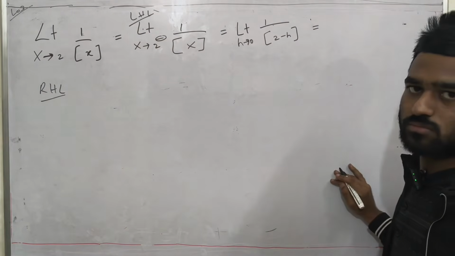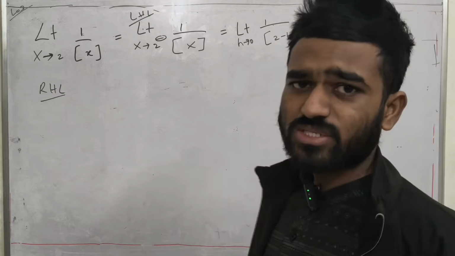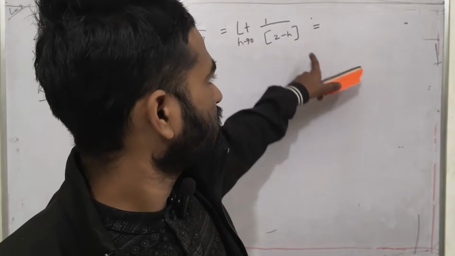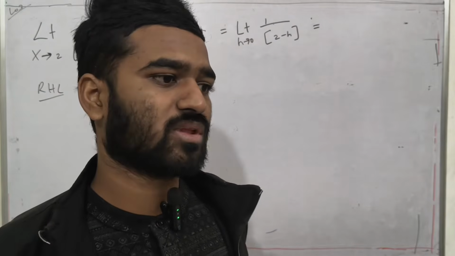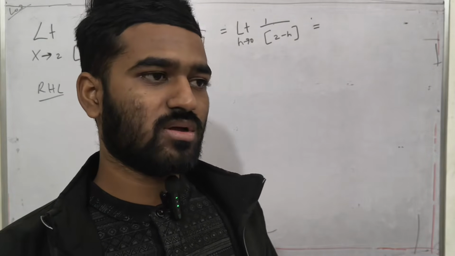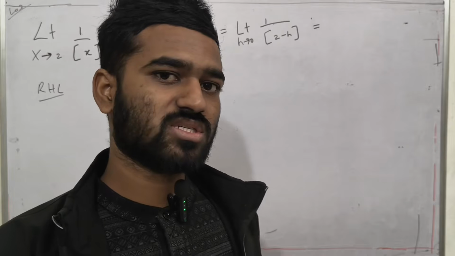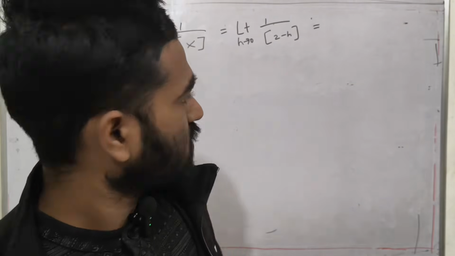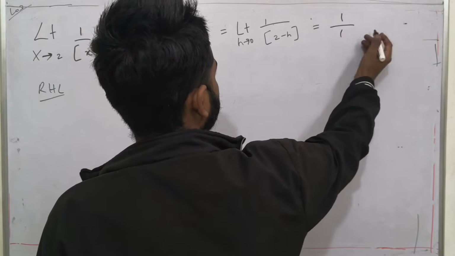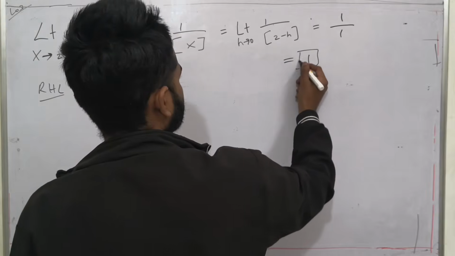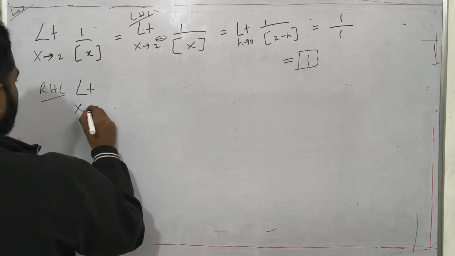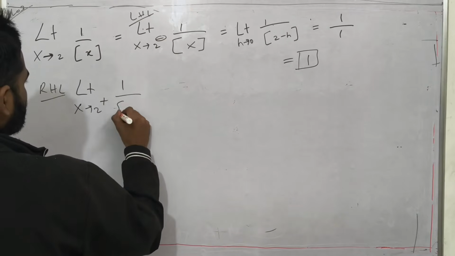Since h is positive and very small, 2 minus h is less than 2 but greater than 1, so step of 2 minus h is 1, and it equals 1.